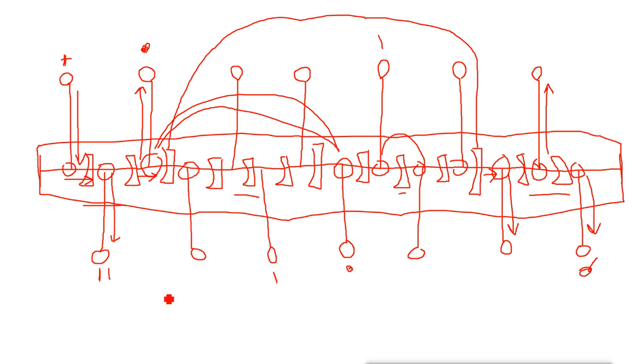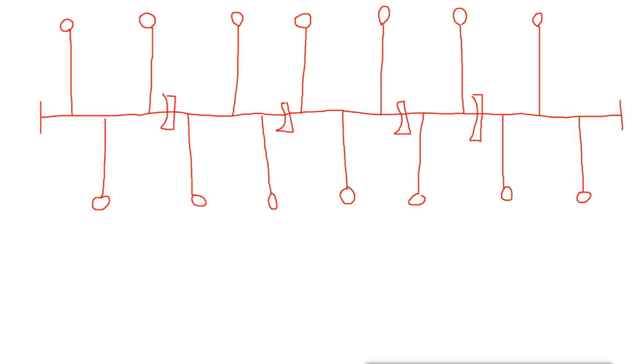Now first, how do they divide it into segments, and how does the bridge know that this data belongs to this segment and this data belongs to that segment? How does the bridge decide which segment the data belongs to? Basically, it is an intelligent device.